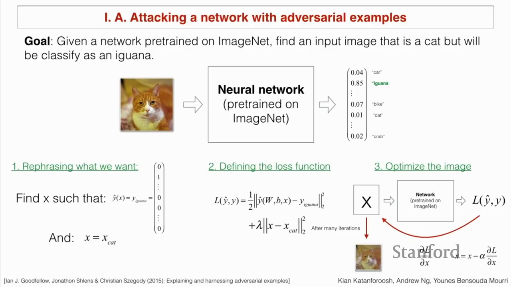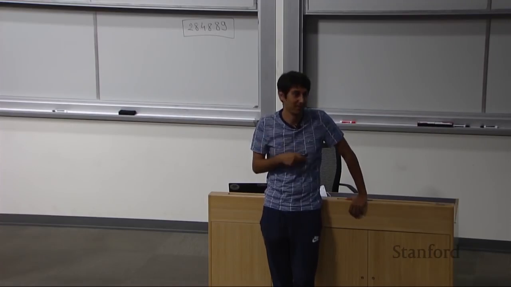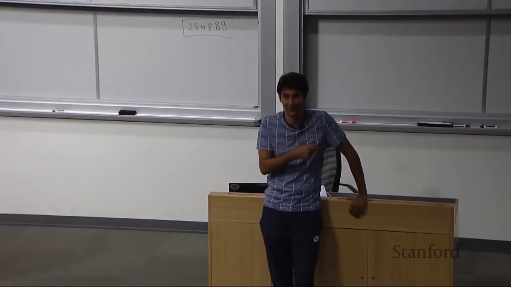Now, a question is, what should be the initial image we start with? We didn't talk about that in the previous example. Yeah. White noise? Yeah, possibly white noise. Any other proposal? Maybe a cat. A cat? Yeah, which cat? I don't know. Probably the cat that we put in the loss function, right? Because it's the closest one to what we want to get.